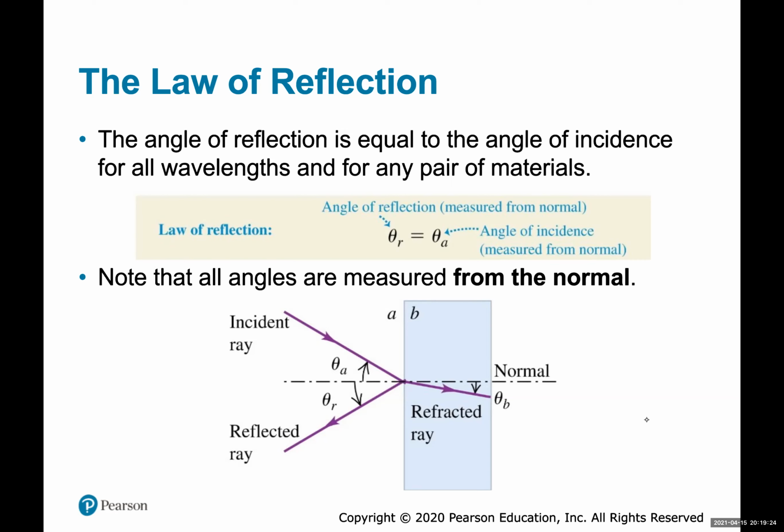Now, if there is a transmitted ray, if some of this wave also moves into medium B, then we might be able to talk about the relative amplitudes of these various waves. You could think of it like a junction rule in a circuit, for example. We have some amount of energy coming in, and we're going to bifurcate, send some energy back and some energy through the other medium.